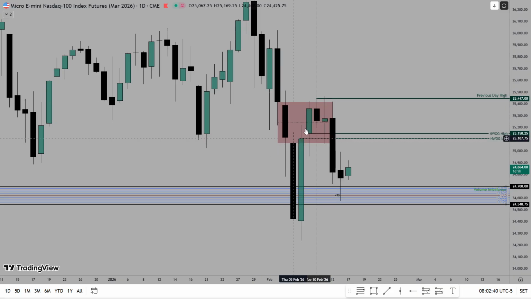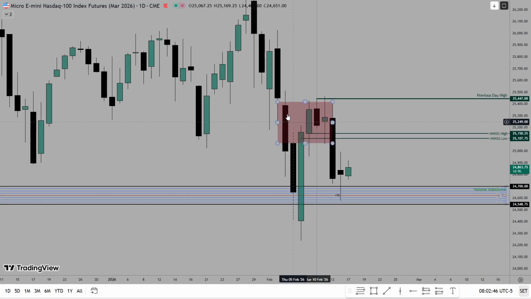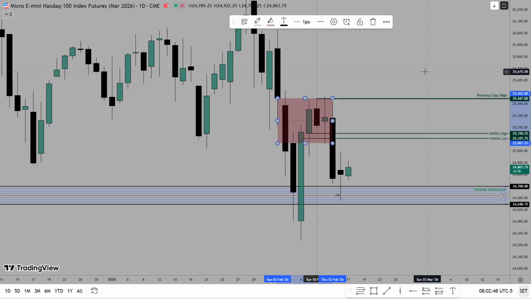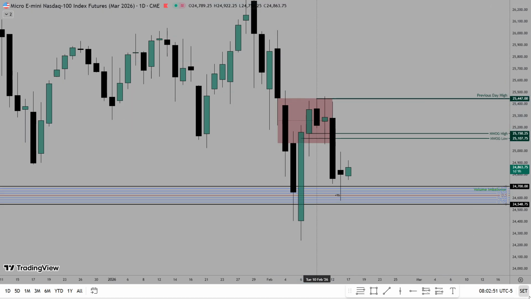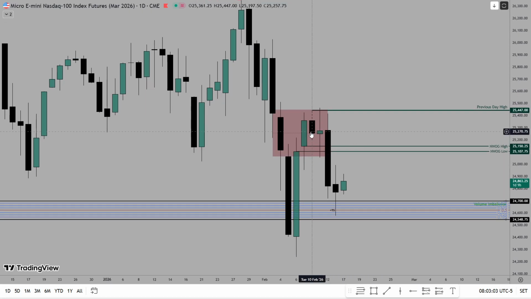This is the fair value gap. We need to click this settlement price to see whether there is any gap or not. Then we should mark that price did not close above this gap high. That's why I was not bullish for Tuesday, and I was looking for shorts on Tuesday.